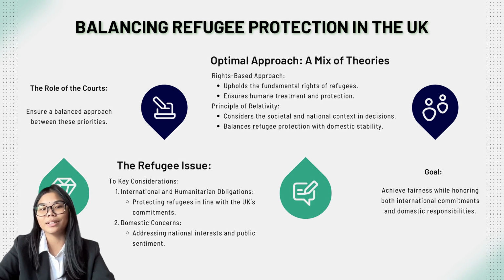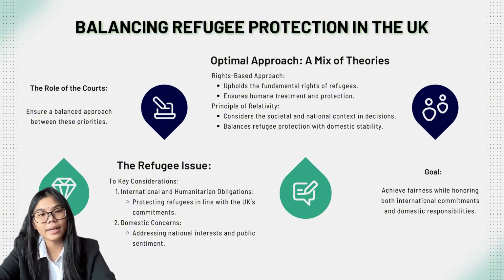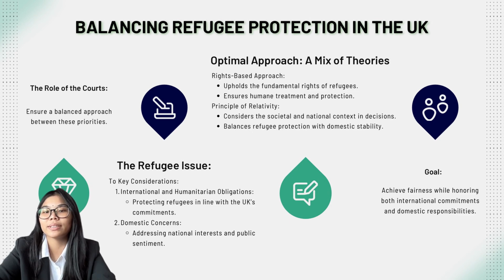So, the conclusion is the issue of refugees in the UK is a sensitive matter, as on one hand, there is a need to protect refugees due to the UK's international and humanitarian obligations, and on the other, there are domestic concerns which the government must take into account as well.